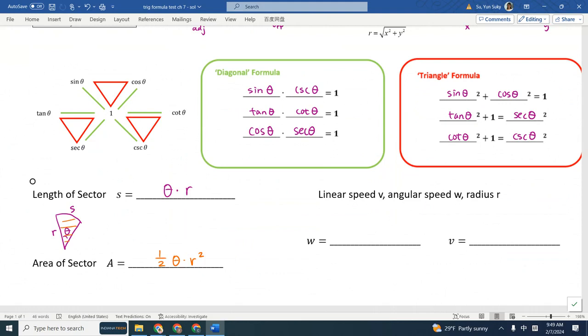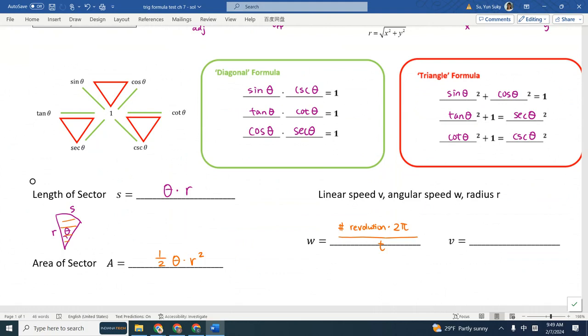And then here we have the angular speed and linear speed. Angular speed is the number of revolutions times 2 pi over the time. If it says 3 revolutions over 2 minutes, then you use 3 revolutions times 2 pi over 2 minutes.